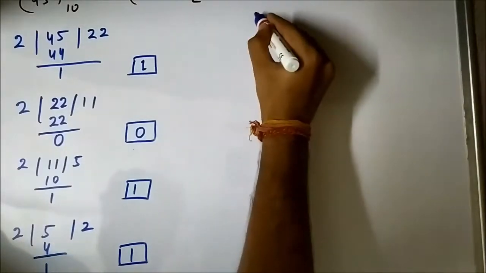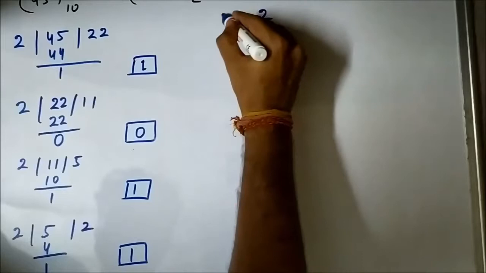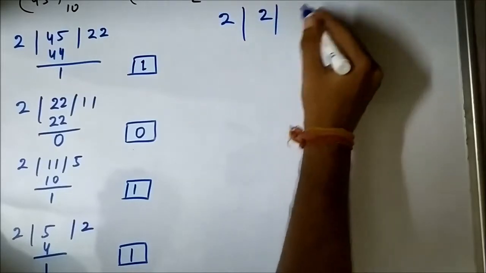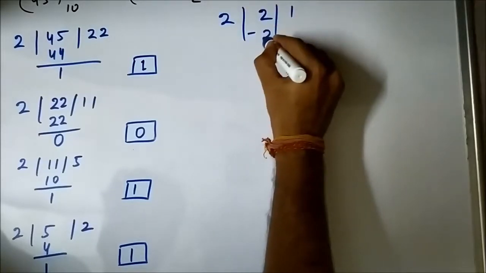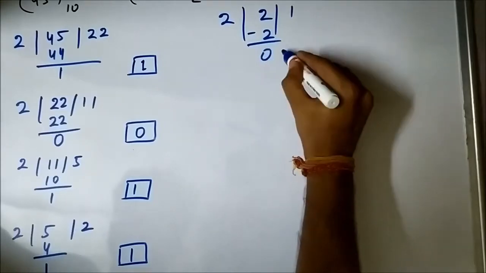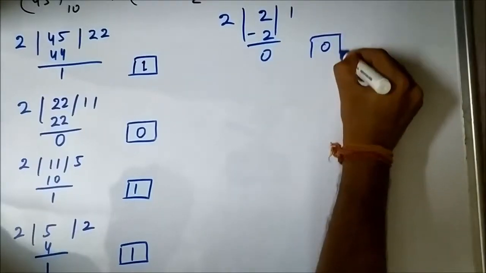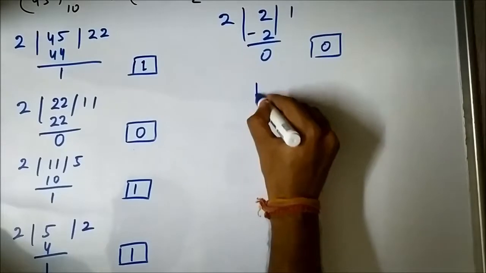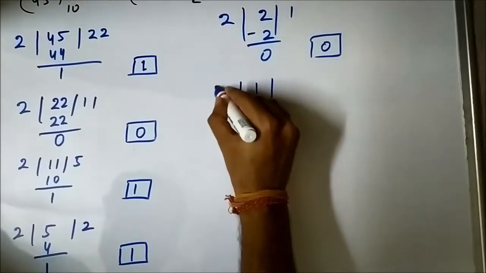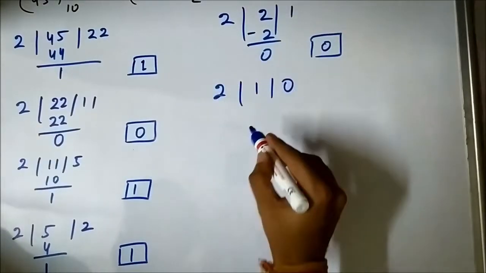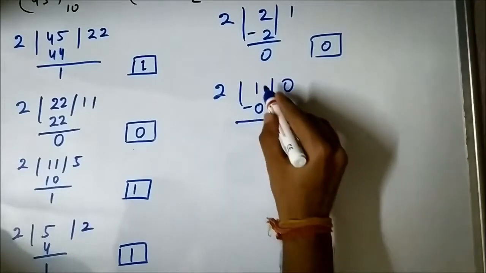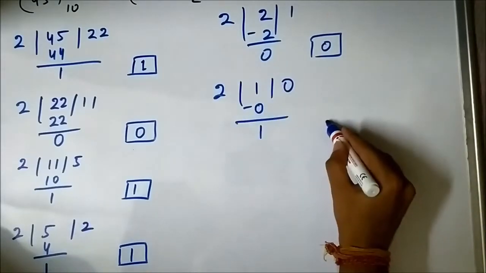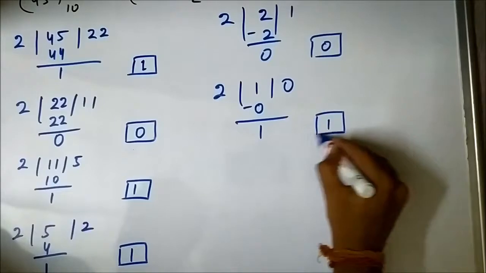Again this 2, it goes here, we divide it by 2, this is 1, this is 2, the remainder is 0. Again this 1 is written. Now here the quotient becomes 0 and the remainder is 1.